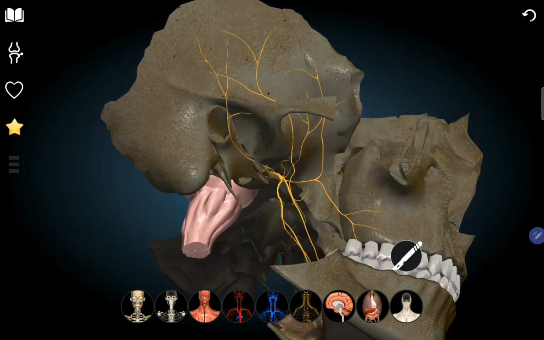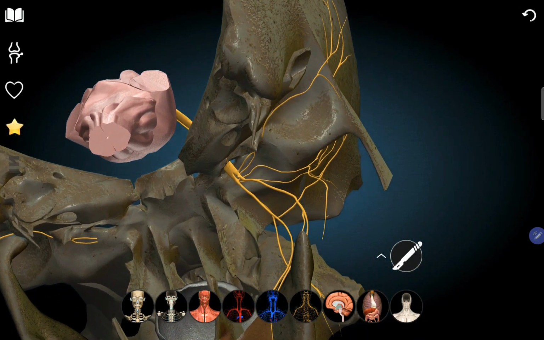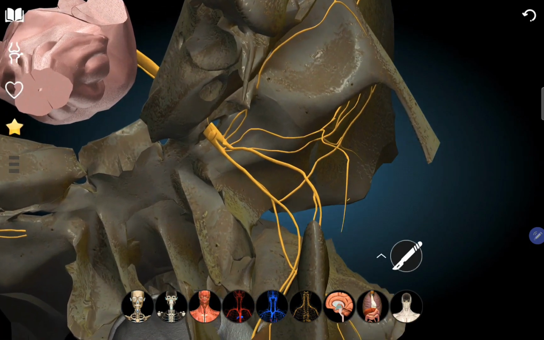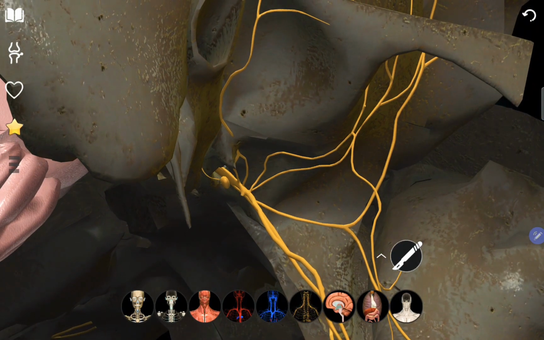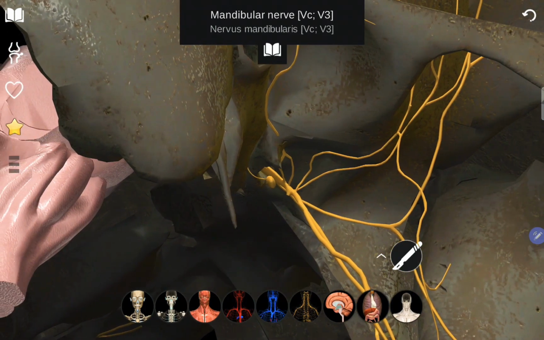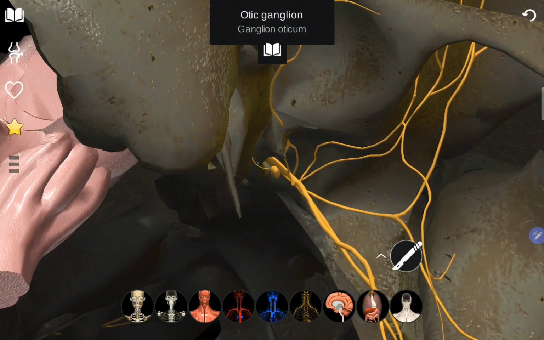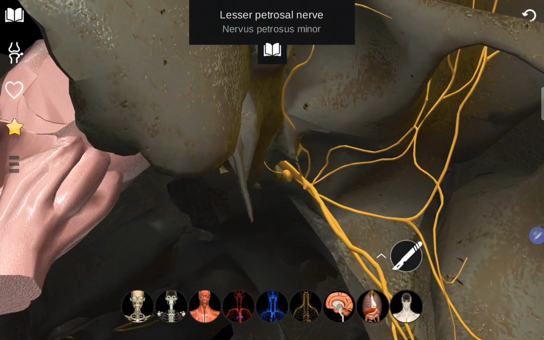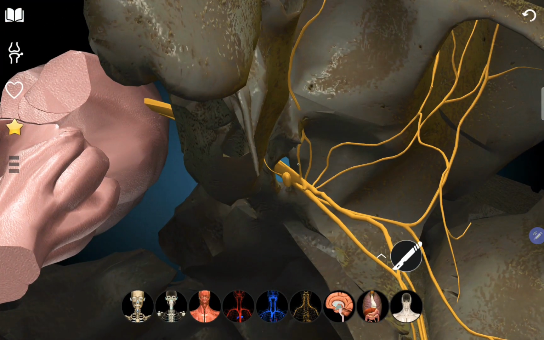So this is the foramen ovale. We can see the mandibular branch, and it gives off majorly two branches, the anterior division and the posterior division, and also it is topographically related to the otic ganglion. This otic ganglion is functionally related to the glossopharyngeal nerve, the ninth cranial nerve, but topographically it is related to the trigeminal nerve.